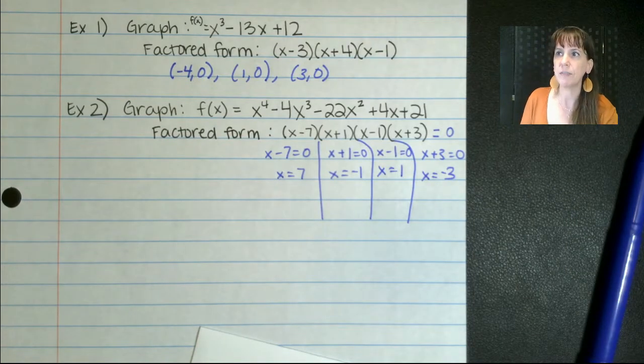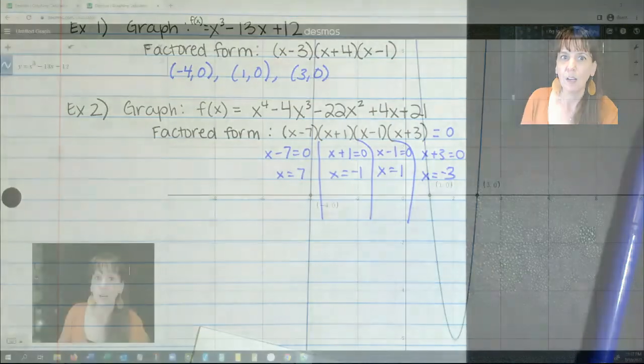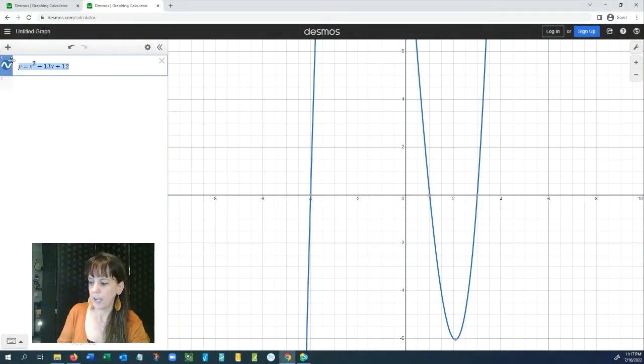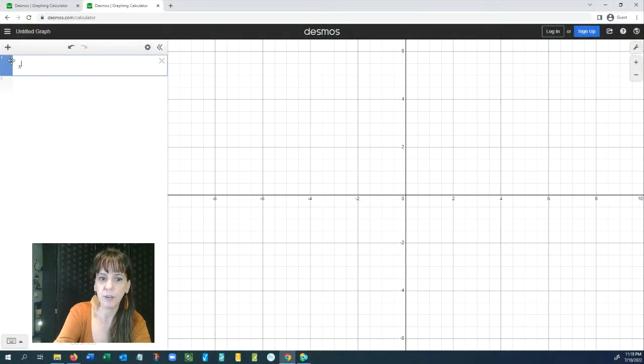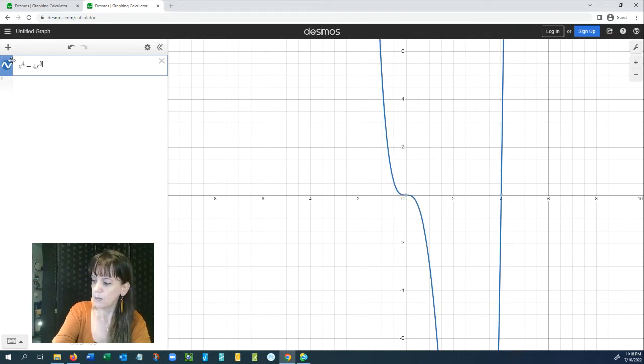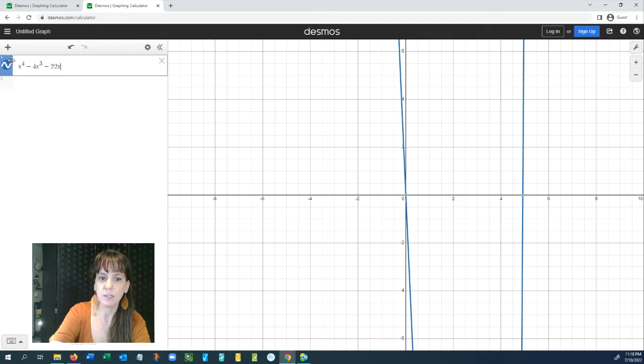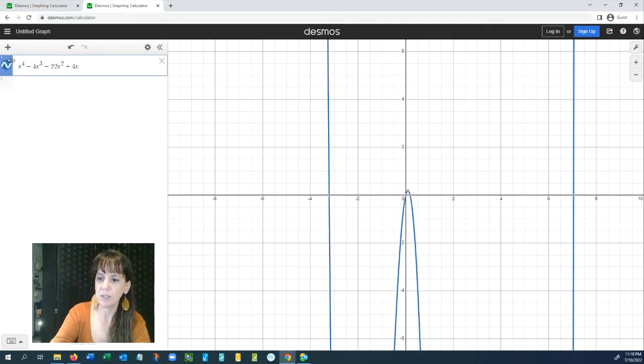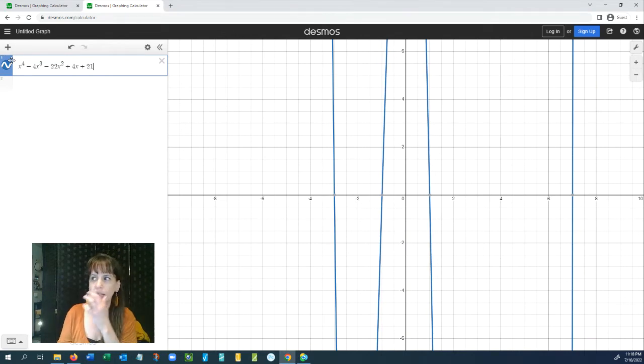And sure enough, let's go out and type this over here so that you can see. We have x to the 4th minus 4x to the 3rd minus 22x squared plus 4x plus 21, and sure enough, look at that, it is crossing at -3, -1, 1, and 7, which is exactly what we said on those ones.